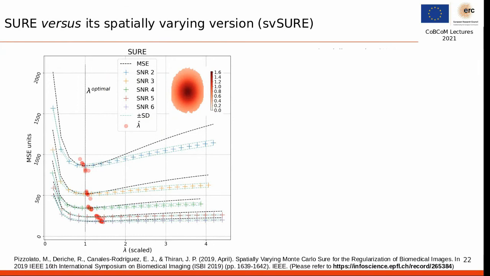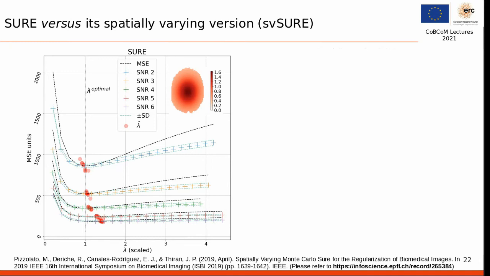And then, of course, in an ideal scenario, we would like to find the value of lambda on the x-axis that minimizes the mean square error. Because we are only provided, thanks to SURE, with an approximation or an estimation of it, we would like to compute these colored lines with the crosses there and then find their minimum in such a way that we can be almost certain that the minimum also corresponds to the minimum of the unknown mean square error function.